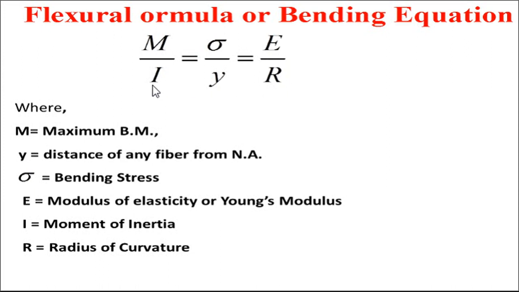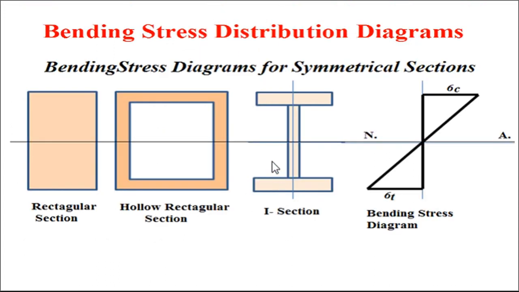Means at whatever distance from the neutral axis you want the stress, that y distance you can put in the formula. Now I have shown here the bending stress distribution diagram.